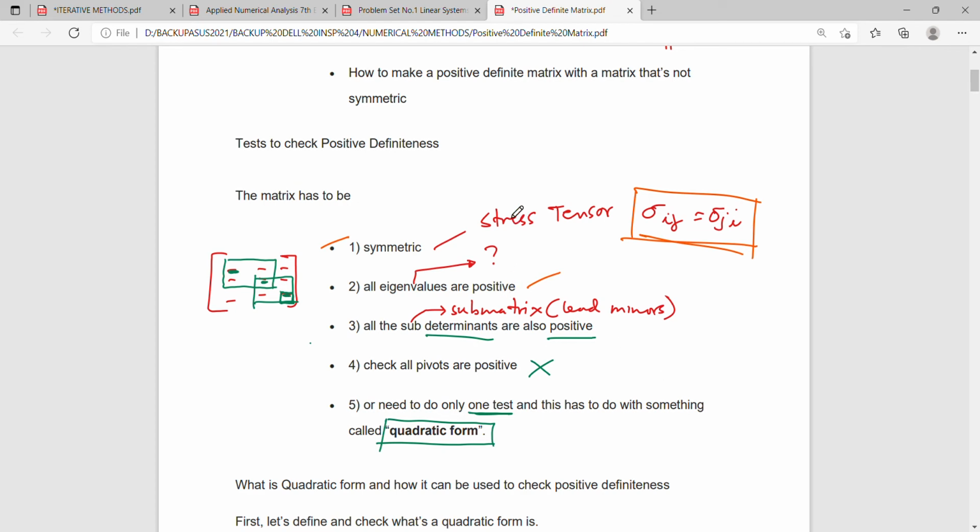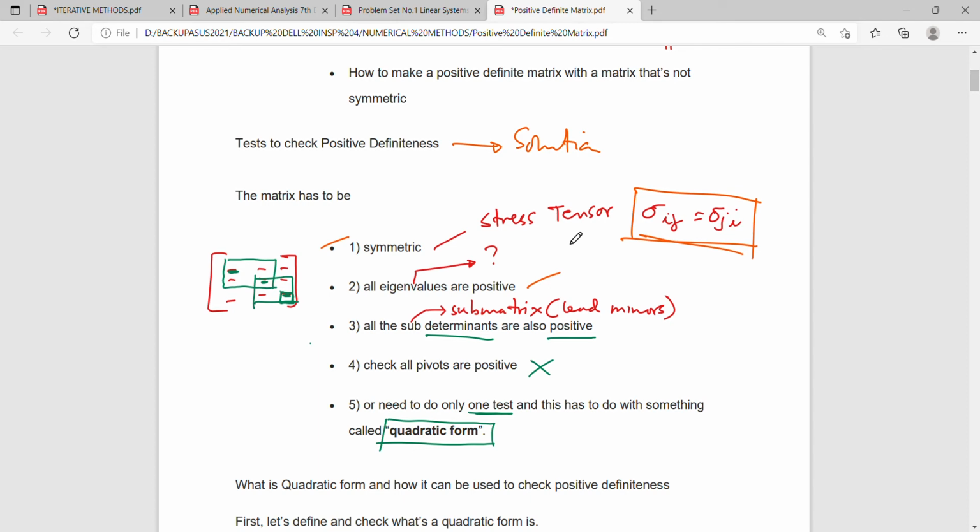A positive definite matrix, to extend it to linear algebra, will give you a solution vector. And therefore, it has an inverse. Imagine a system of equations without an inverse. You cannot get anything out of it.